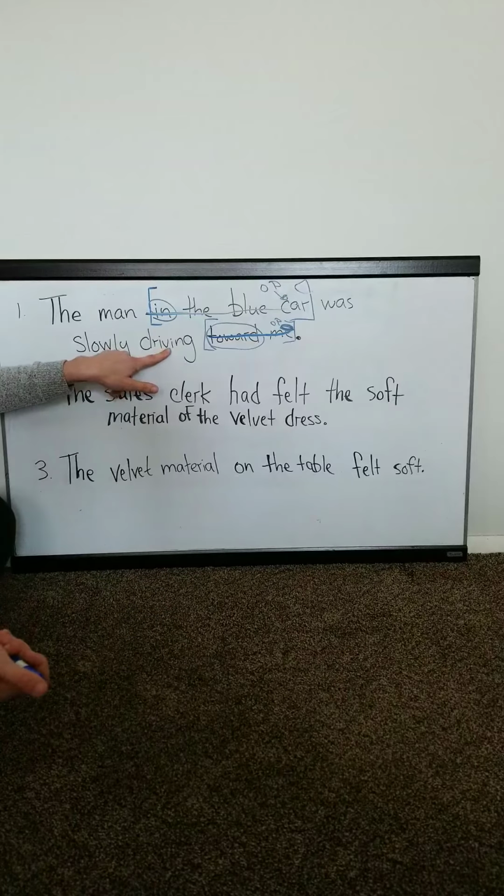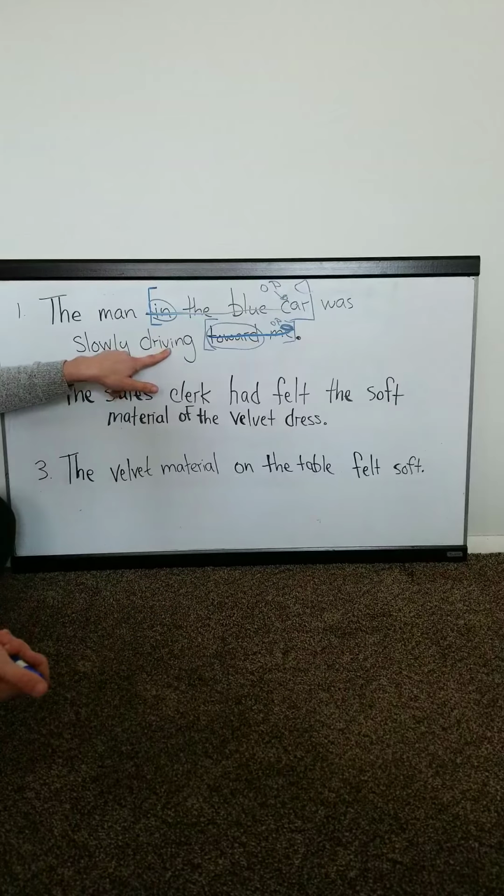What's the action here, or what's the state of being? What is the man doing? I guess clerk could be a female. What is the clerk doing? Right here, right? Felt. I'm going to underline that. Now, is that it? Is that the whole verb phrase, or are there any helping verbs?